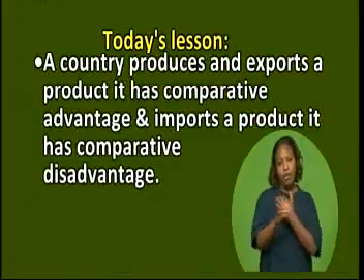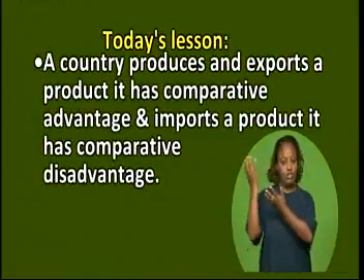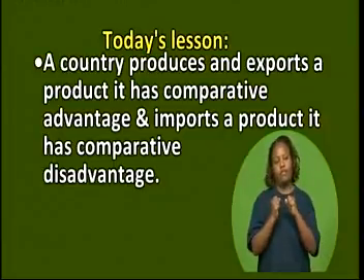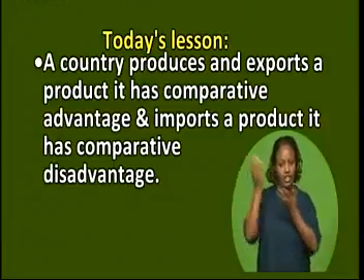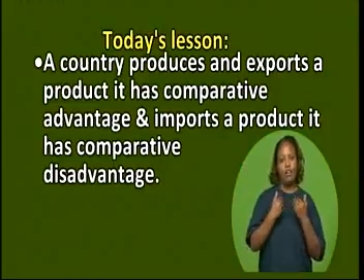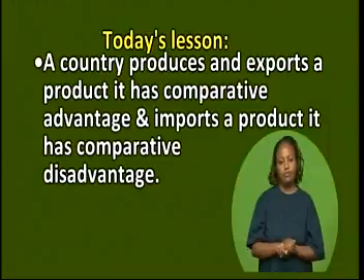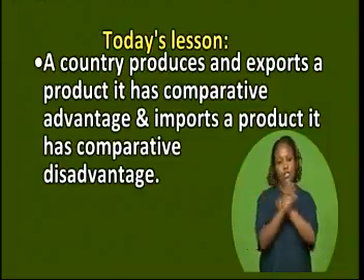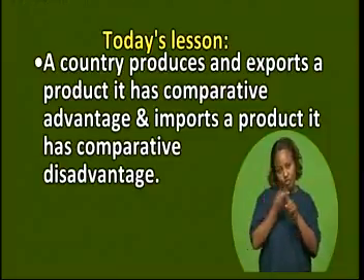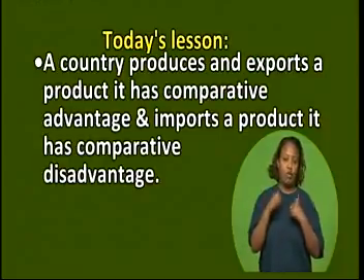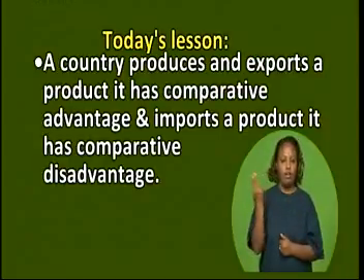Thus, a country produces and exports a product for which it has comparative advantage, and it imports a product for which it has comparative disadvantage. In such cases, both nations can gain from trade by specializing in the production of goods where they have comparative cost advantage.